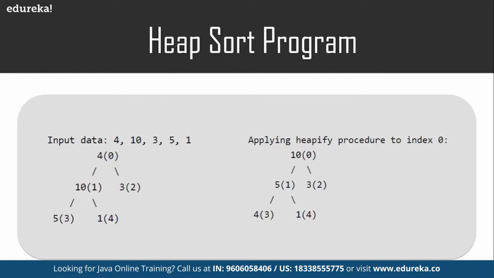And then the next one will be 5. Among these, the next highest is 5. So 5 at index 1, 3 at index 2, 4 at index 3 and 1 at index 4. Correct? So this is how you need to keep the maximum elements at the left, 10, 5 and 4. Yes? So now let's understand the code logic behind this program.